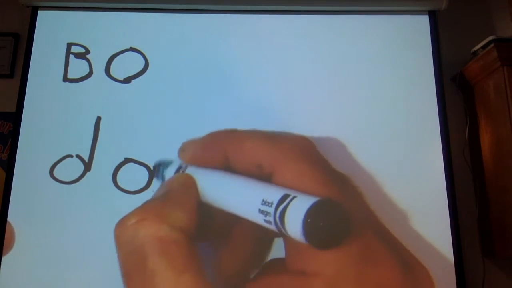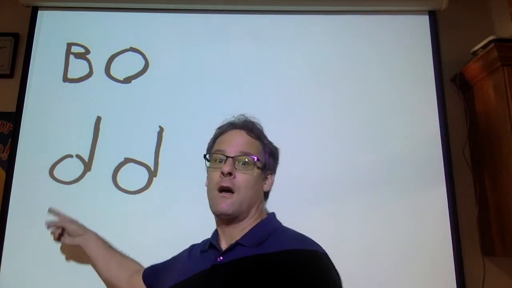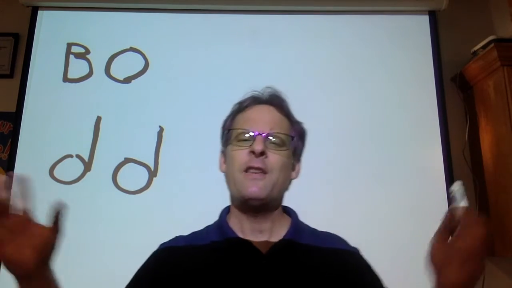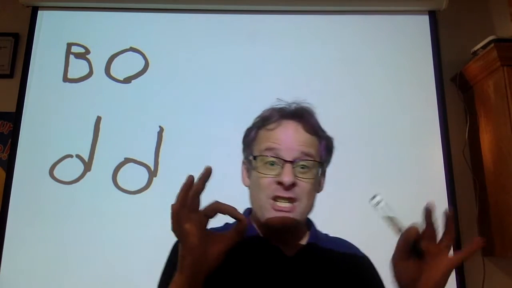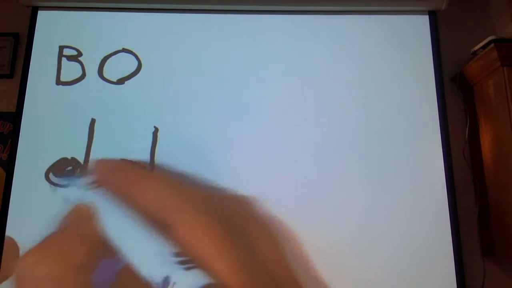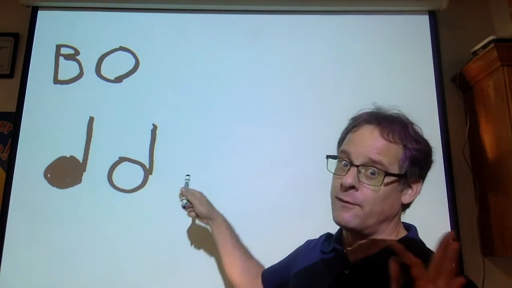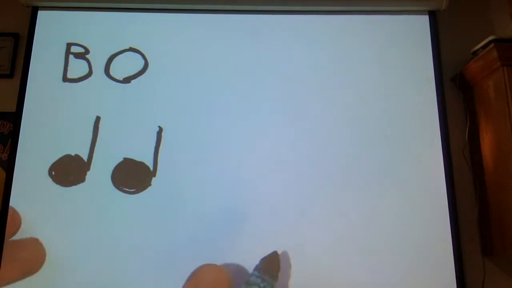Now what if I do this? Ooh, now we have 2 of them, right? It's ti, ti, right? I think you see where I'm going, that just by changing one little thing, you totally change the sound of what you're getting, right? This, ta, ta, is a different rhythm from this, right?